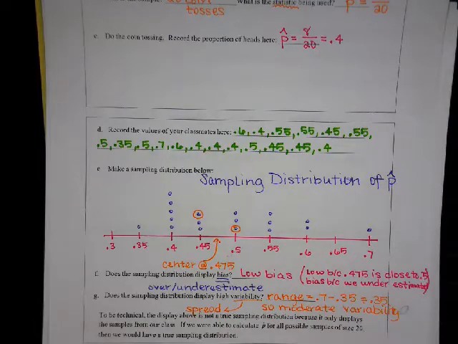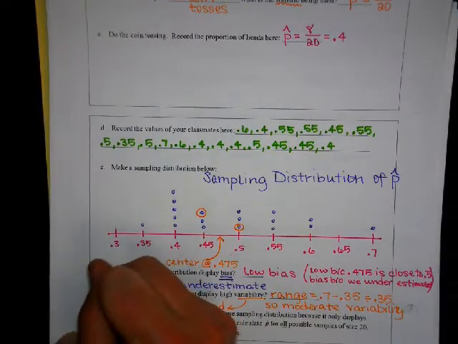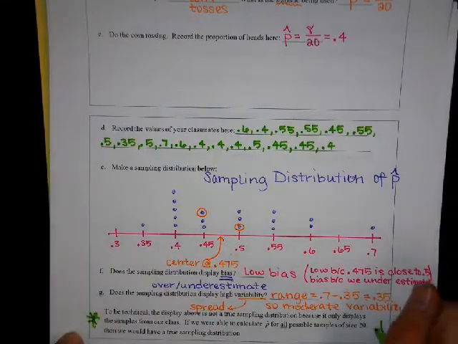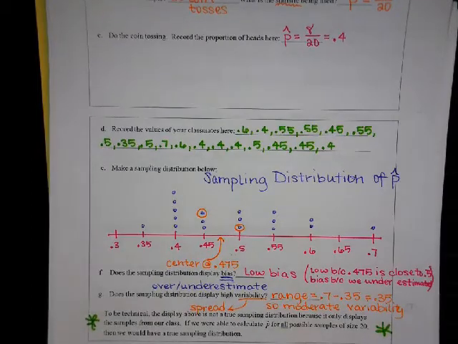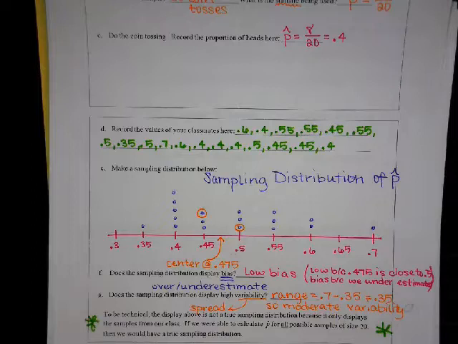So it's not a true sampling distribution, but for our class it is. And remember, the definition of a sampling distribution is going to be on your test. I promise you, I will have a multiple choice question about that one. Any questions before I flip her over?